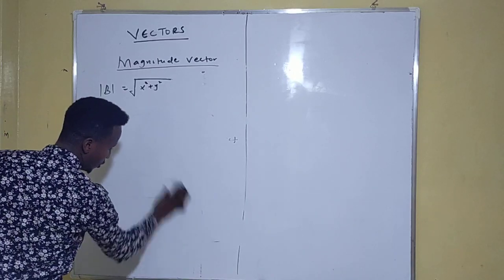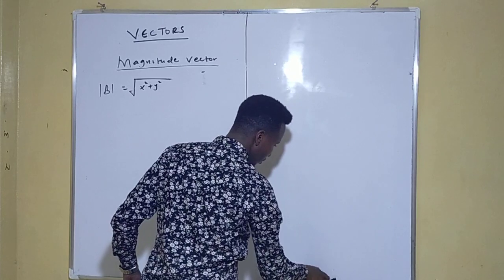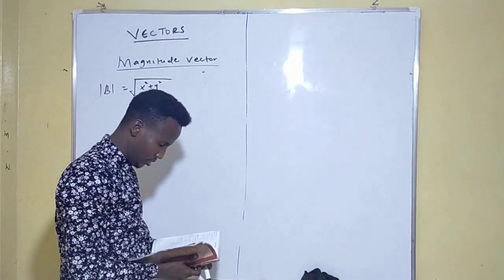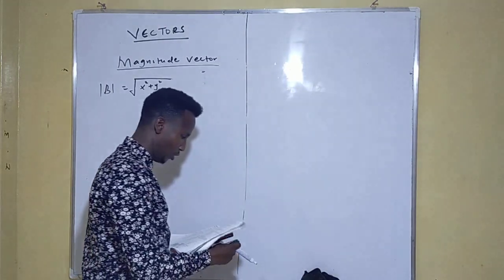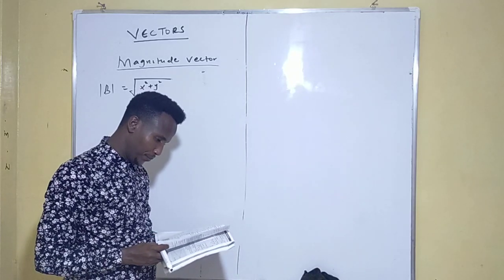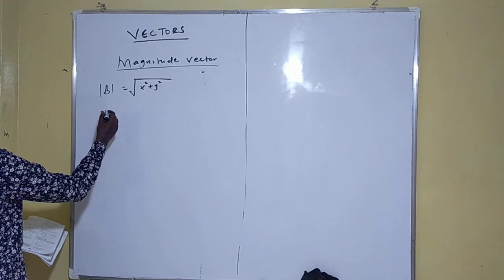Let's go ahead and see this one again. Let's see another one, because it will help you guys. I'll give you more examples so you understand better. Look at this one. This will be example 2.